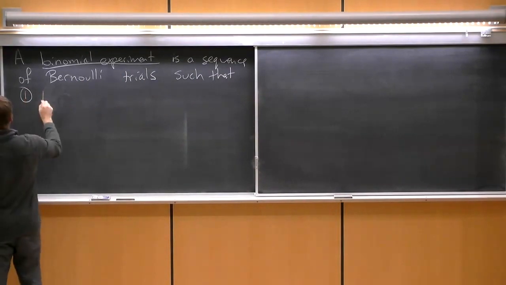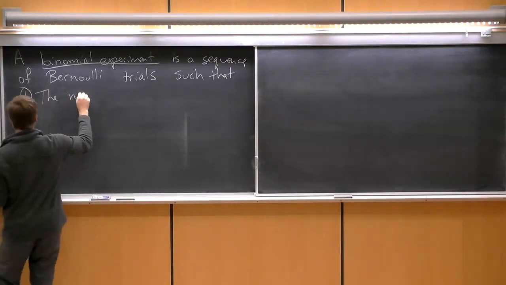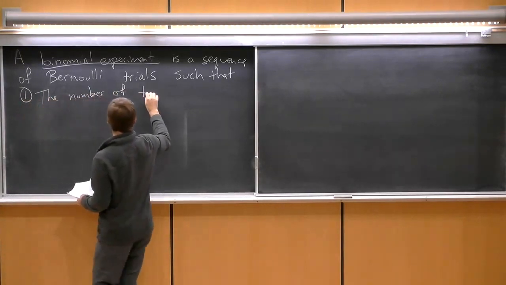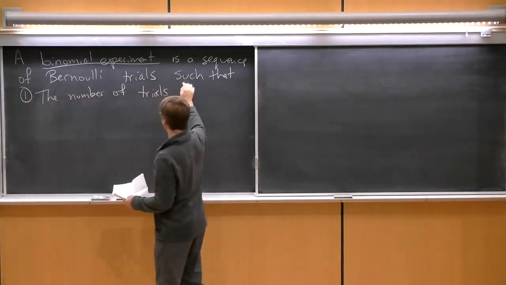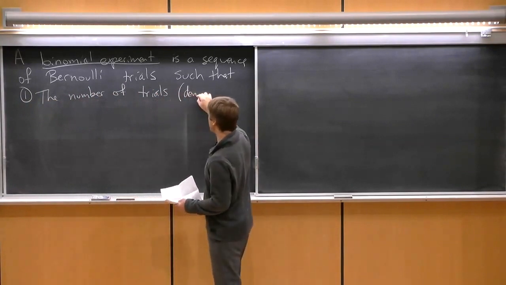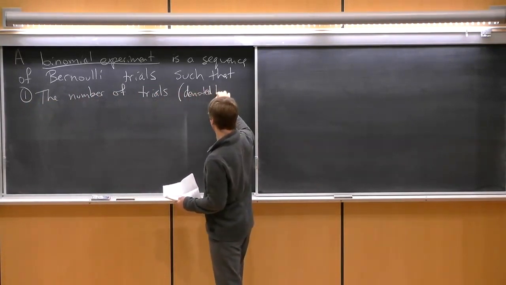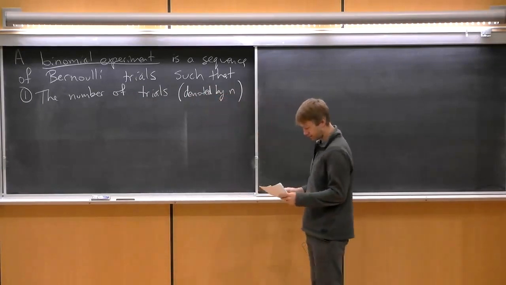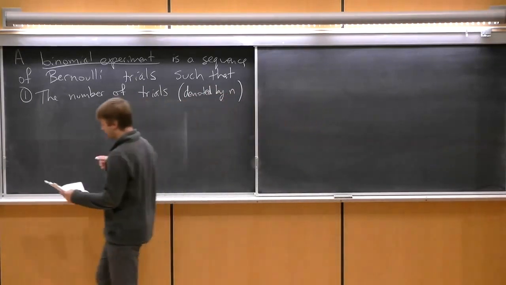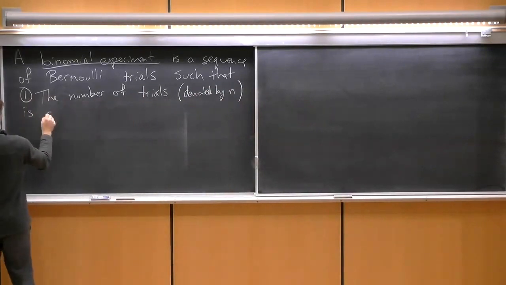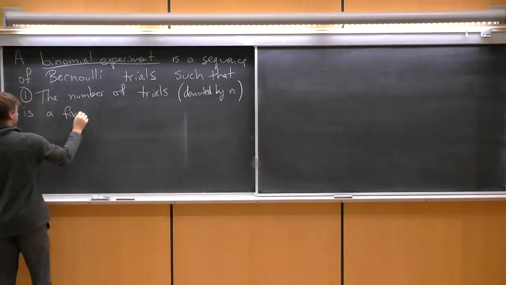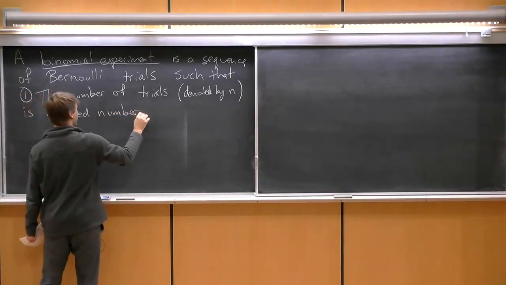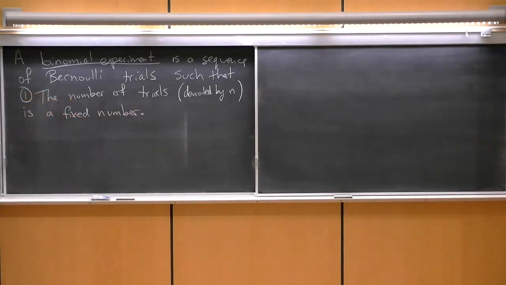So the first rule is that the number of trials, usually denoted by n, is a fixed number. Okay?